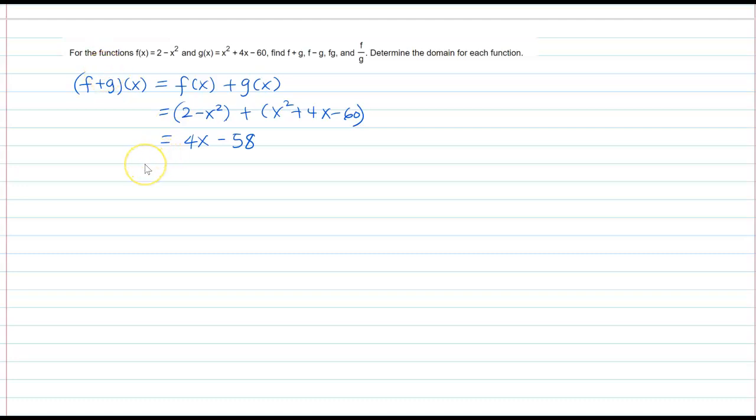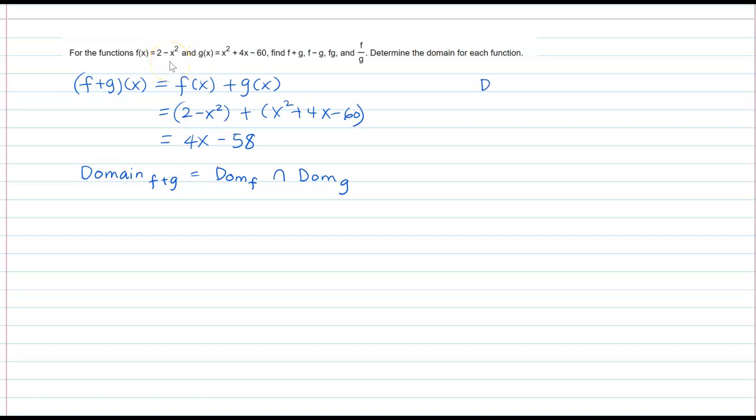Now, to find the domain, recall that the domain of f plus g is equal to the domain of f intersection the domain of g. So what is the domain of f? Notice that our function f is a quadratic function.